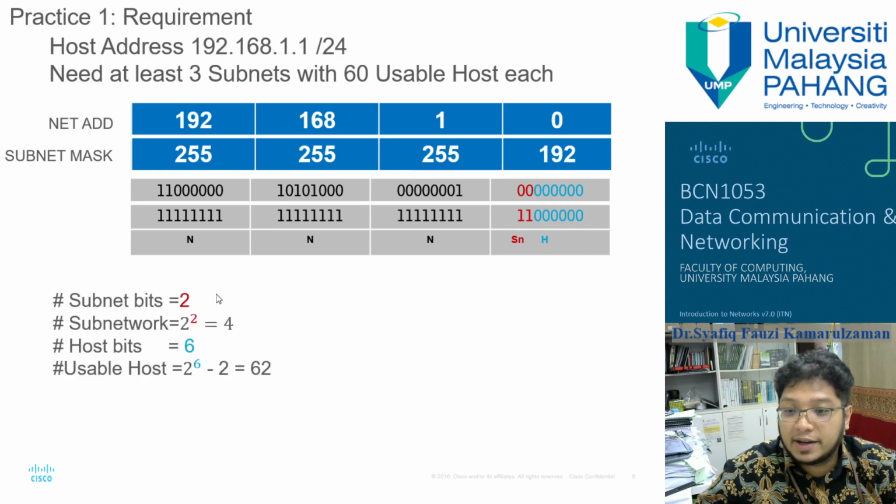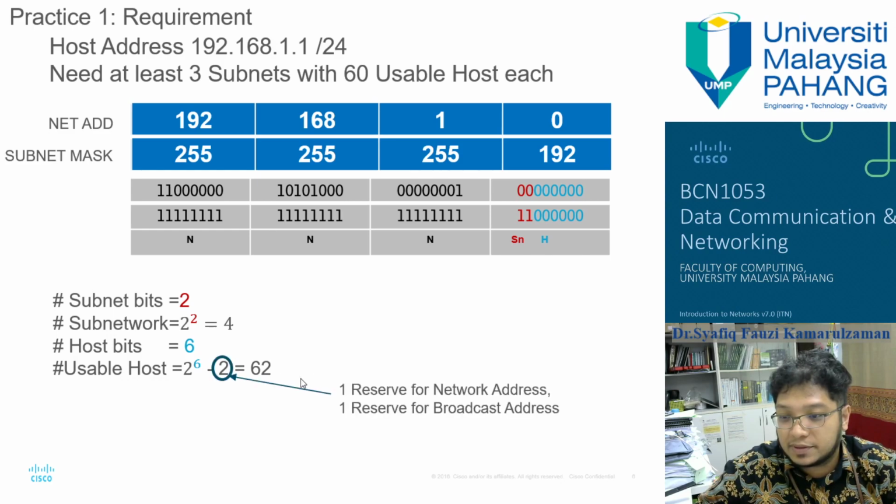You can summarize it as: the number of subnet bits that you borrowed is 2, the number of subnetworks that you have is 2 power of 2, which is 4, and the number of host bits available is 6. The number of usable hosts is 2 power of 6 minus 2, which is equal to 62.